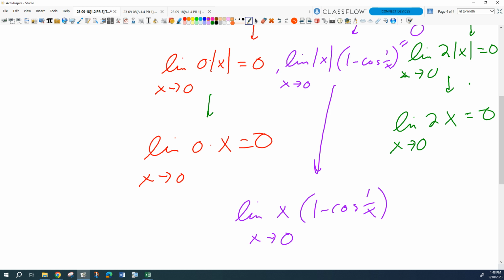What's that equal to? 0. Yeah, so we just proved it. There's our answer. It's 0.